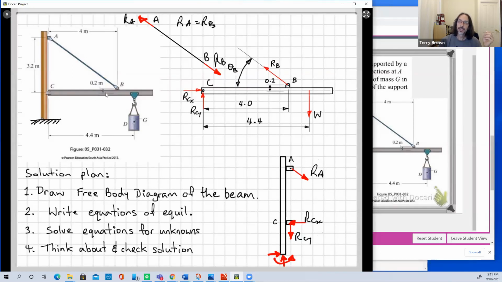You need to size these pins, this beam, and the post. In order to do that, you need to know all of these forces that are acting. And ending up with something like this for the post, something like this for the beam, enables you to draw your shear and bending moment diagrams that we'll do in a few weeks' time.